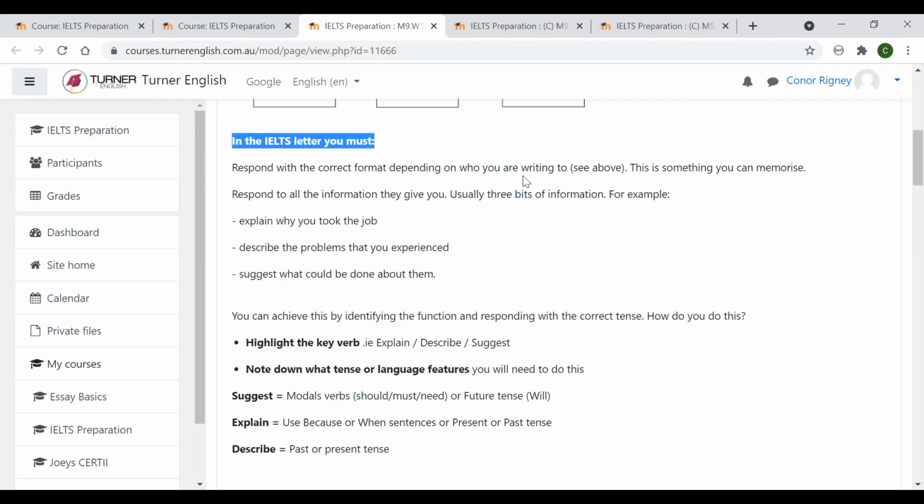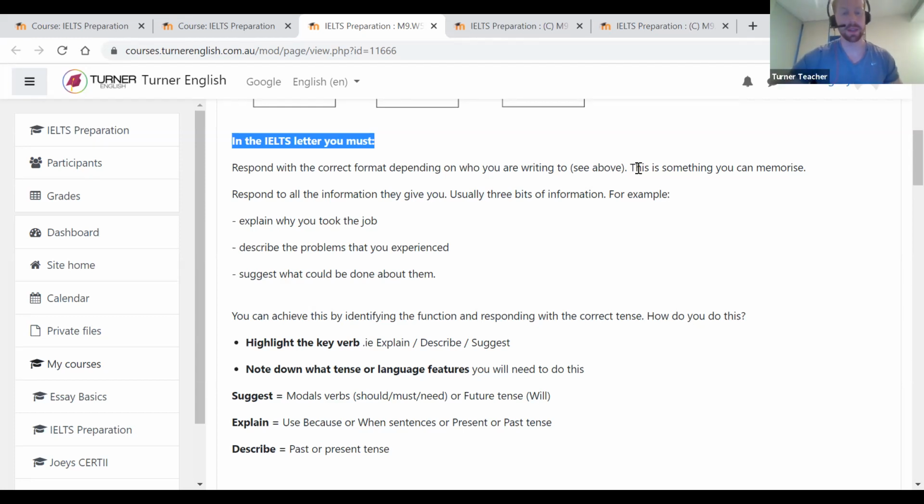This is something you can memorize. Respond to all the information they give you, usually 3 bits of information. For example, explain why you took the job, describe the problems that you experienced, suggest what could be done about them.